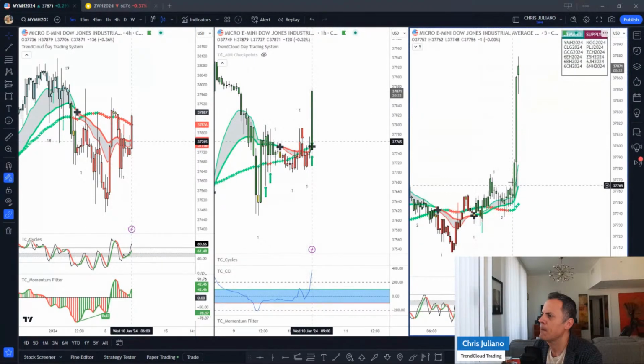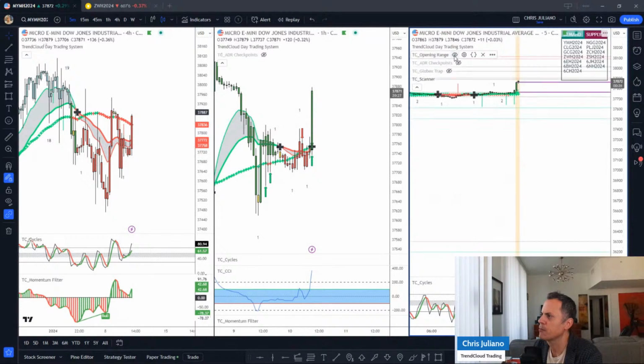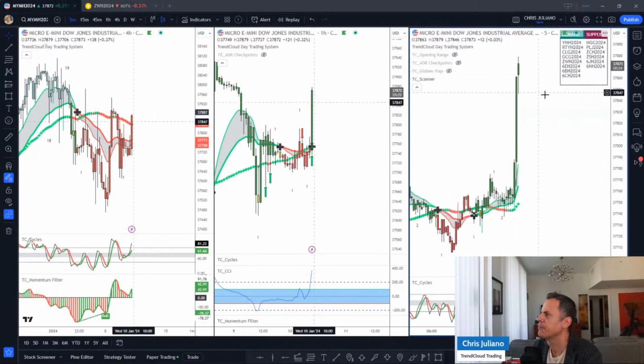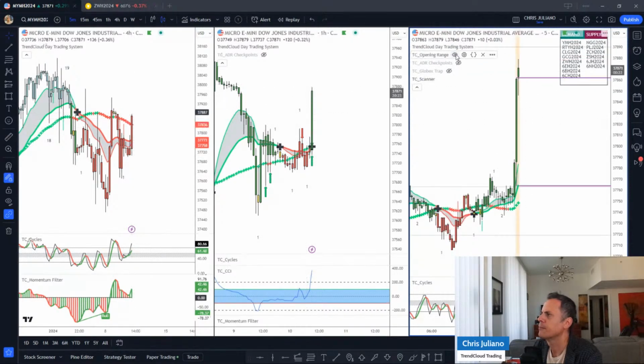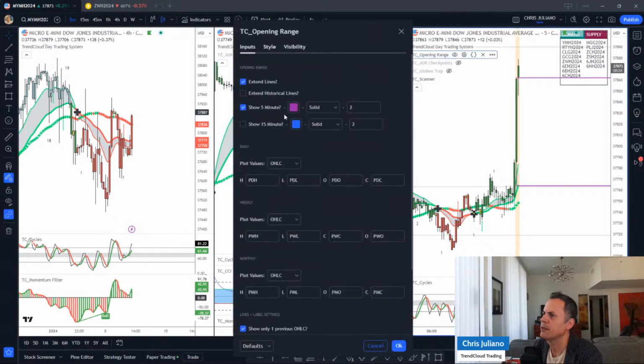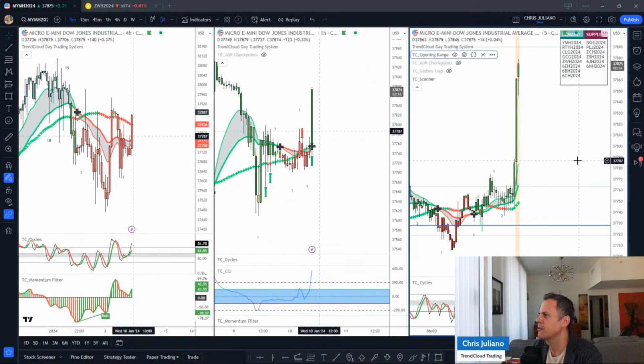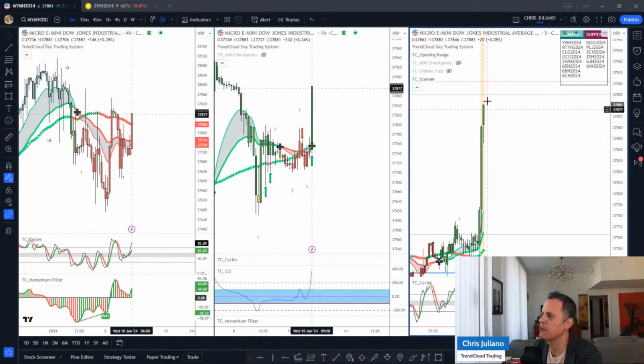Dow has made this massive move to the upside, what do you think about using the other tool, the opening range, right? Let's put on 15-minute and start looking at this thing. So the opening range is still forming here, right? It's still forming.